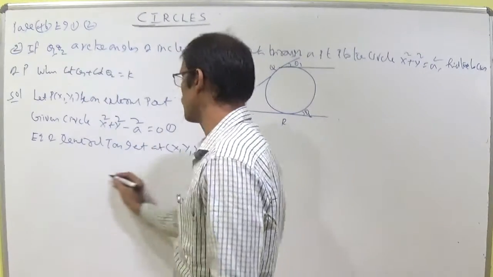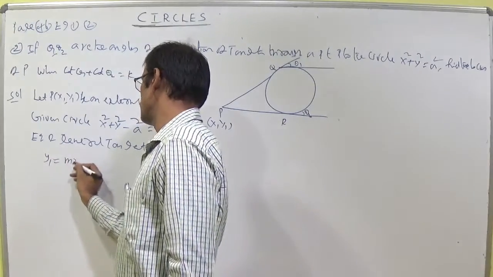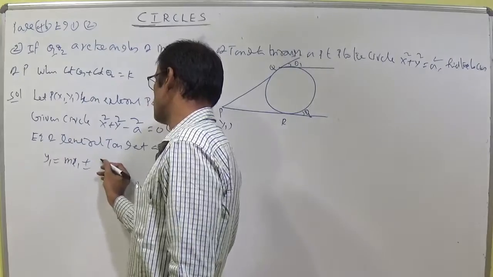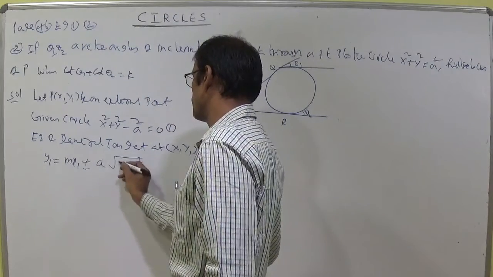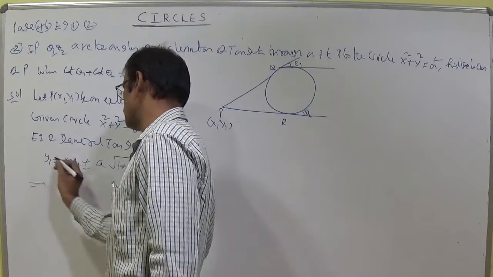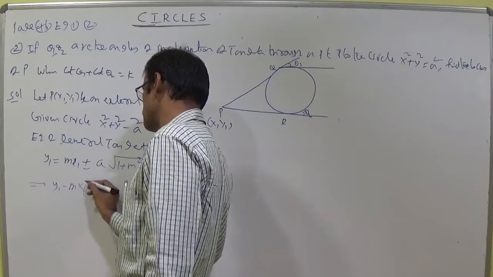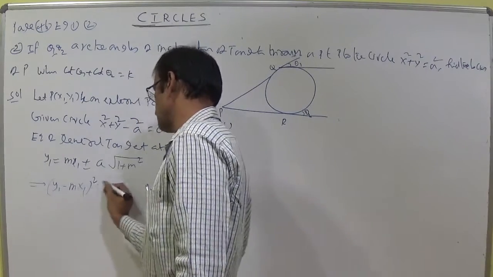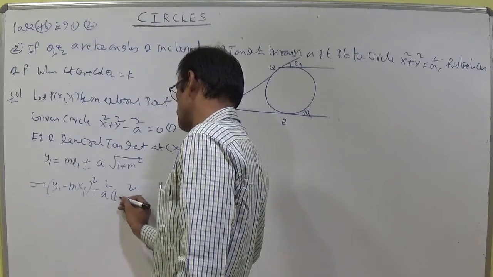At (x1, y1) you can write y1 is equal to mx1 plus or minus a into root of 1 plus m square. That implies, taking mx1 to this side, (y1 minus mx1) whole square is equal to a square into (1 plus m square).